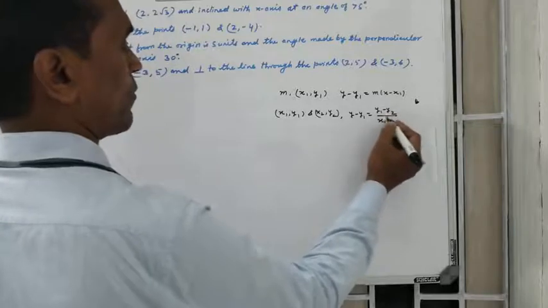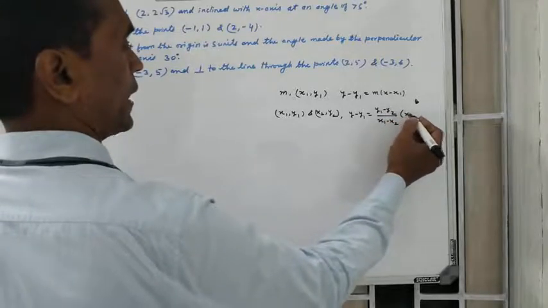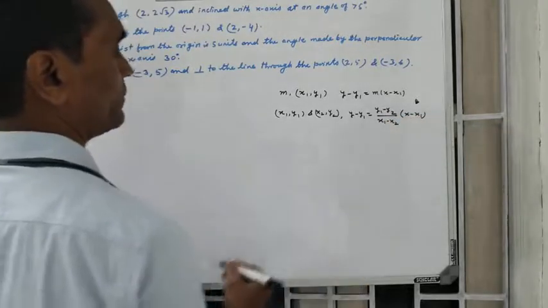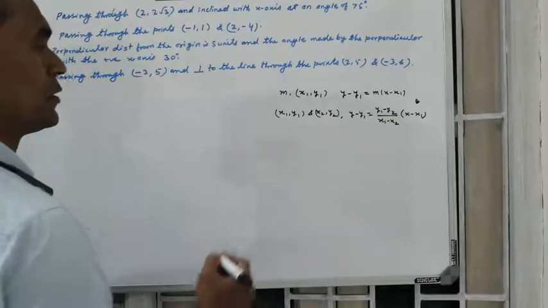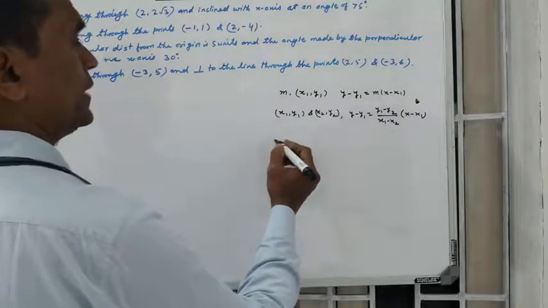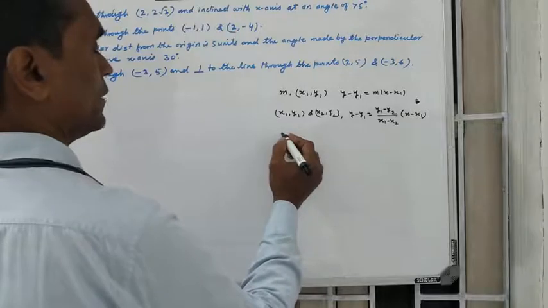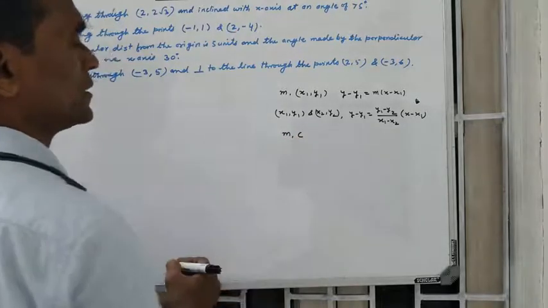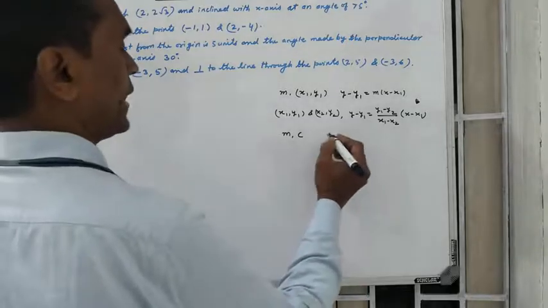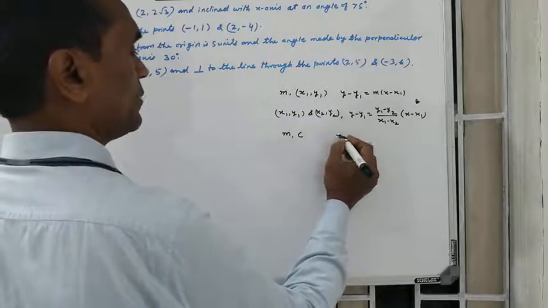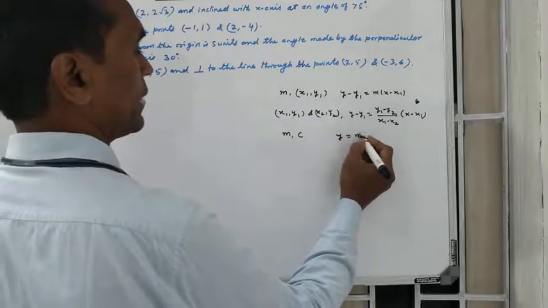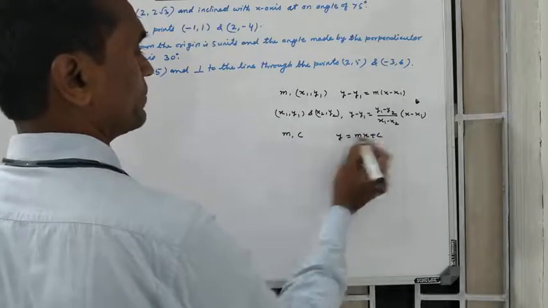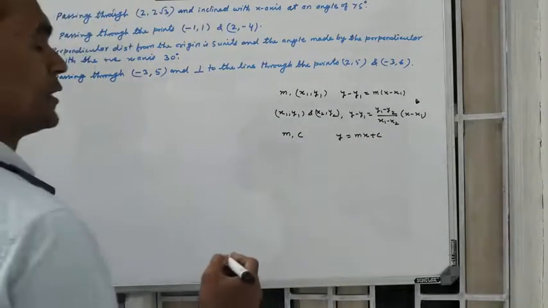This is the slope of the line, times x minus x1. Third form is slope intercept form, in which slope is given and intercept on y-axis, that is c, is given. In that case, equation will be y equals to mx plus c. This is slope intercept form.